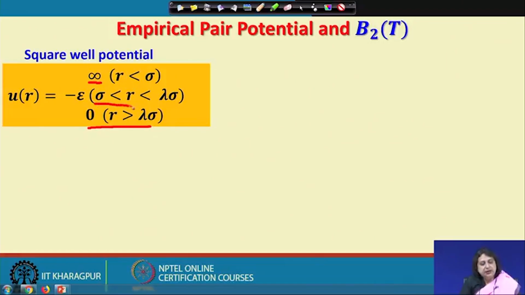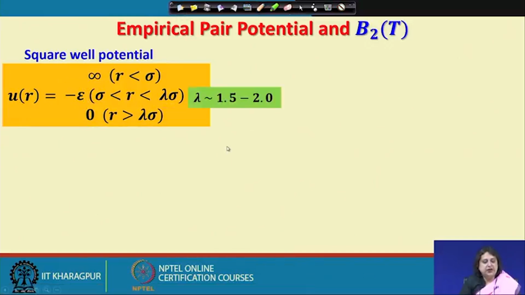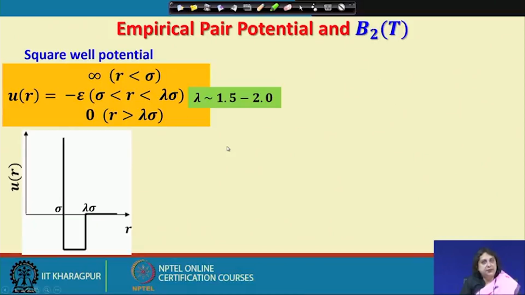In an intermediate range between sigma and lambda sigma, the interaction is a constant negative number, and therefore, if I plot this potential as a function of r, where lambda typically varies from 1.5 to 2.0, this is the nature of the square well potential.